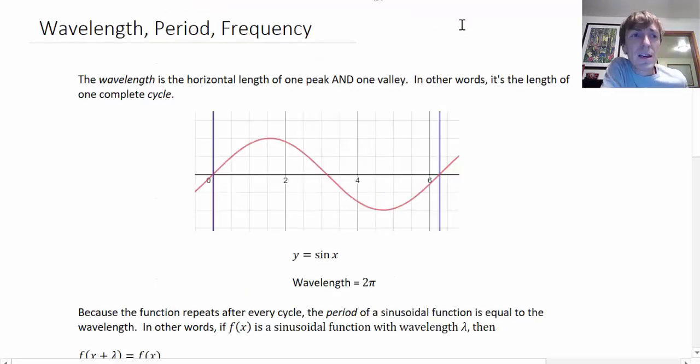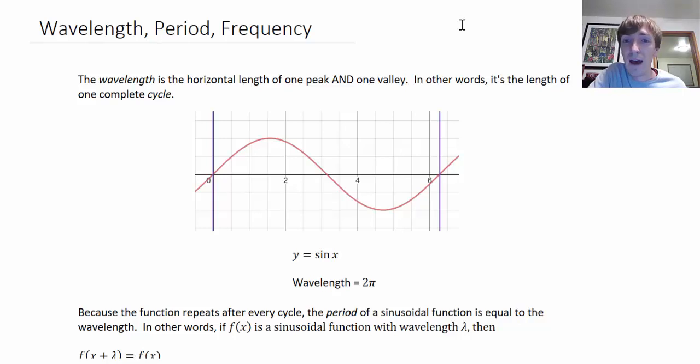So amplitude's pretty easy. Wavelength and frequency are a little bit more complicated, but not too much really. So the wavelength of one of these functions is a horizontal distance. It's the horizontal length of one peak and one valley, right? Which, if you put those together, is a complete cycle of the graph, where the graph has gone both up and down and then returned back to the middle.